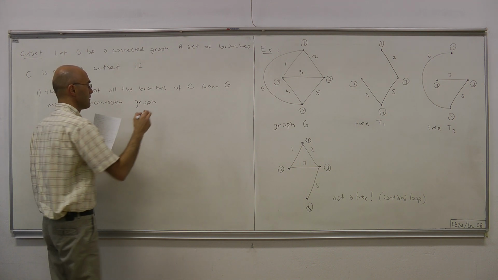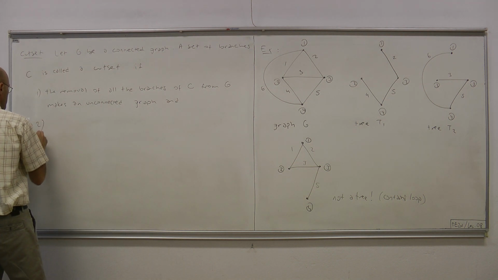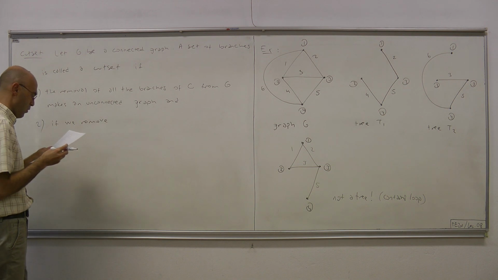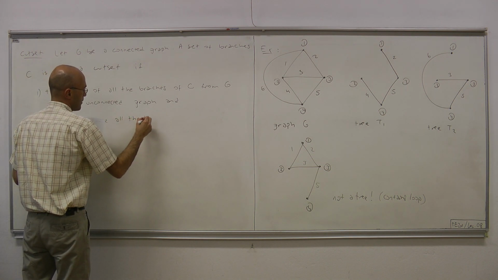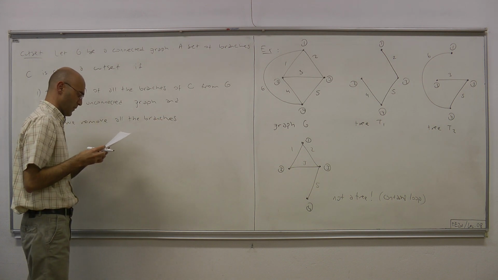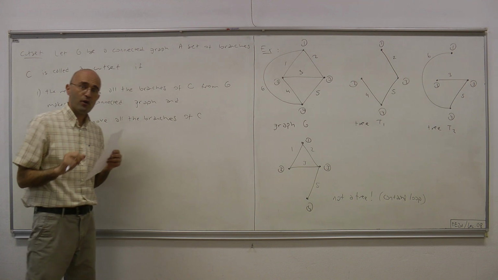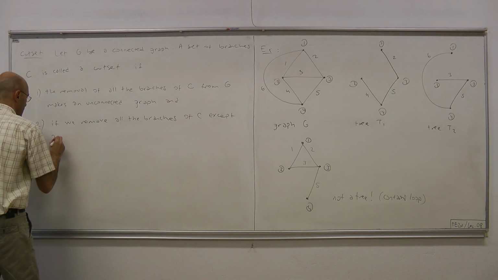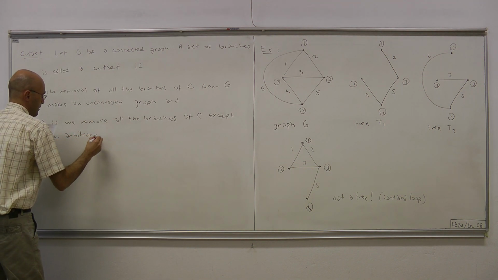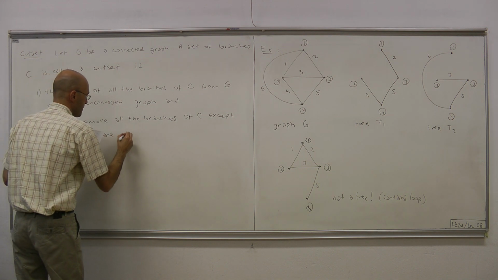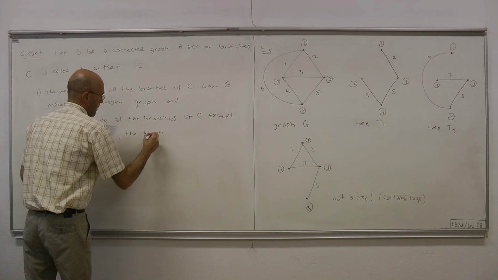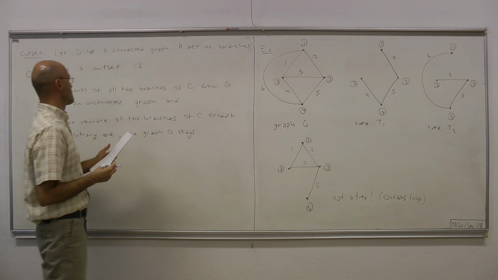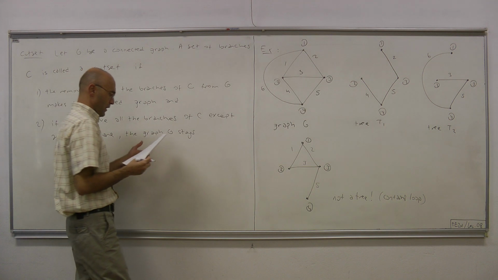Okay, that's condition 1, and condition 2 is if we remove all the branches of C except for an arbitrary one, the graph G stays connected.